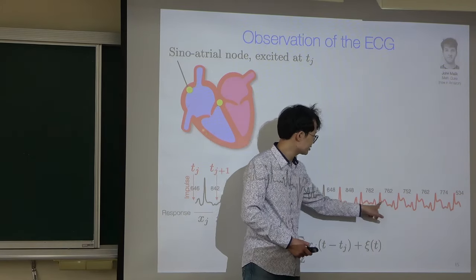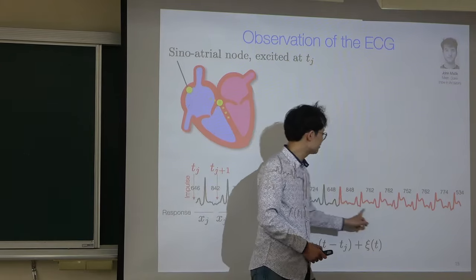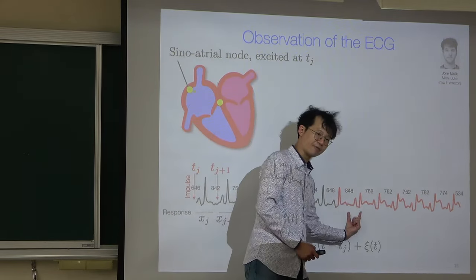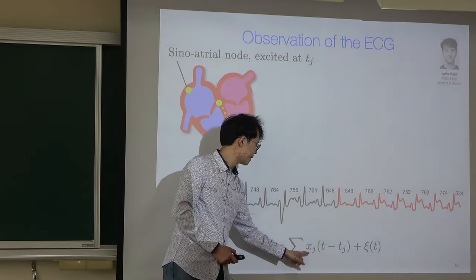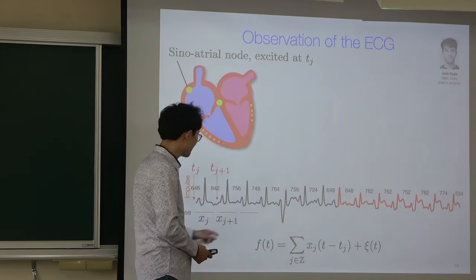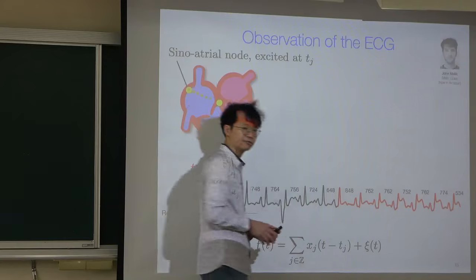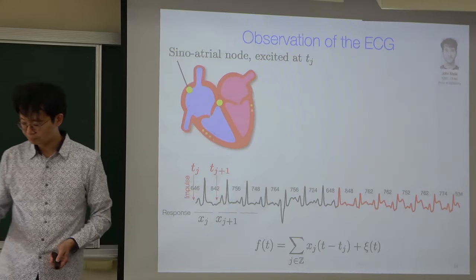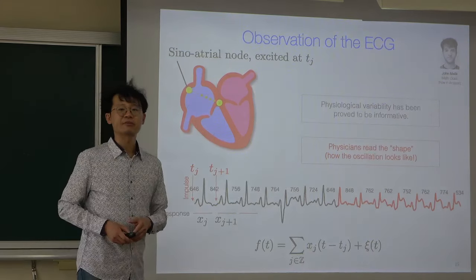You can see there's ST elevation, and this developed myocardial infarction is reflected in the time-varying changing behavior of the electrophysiological behavior. So xj on the left-hand side and on the right-hand side are different.